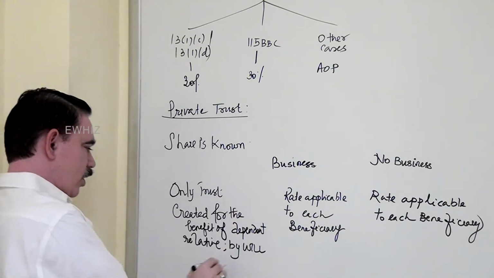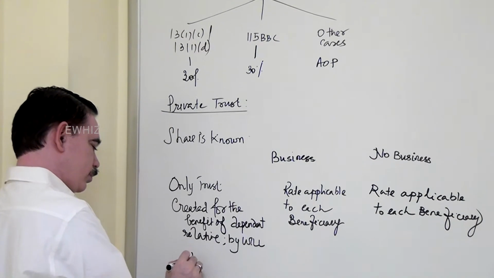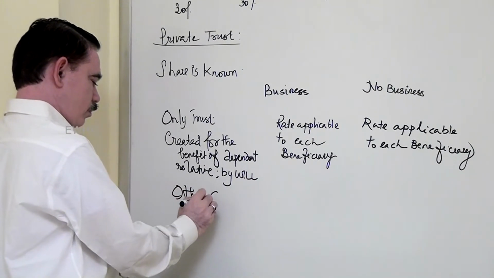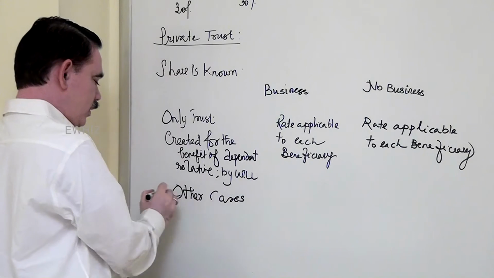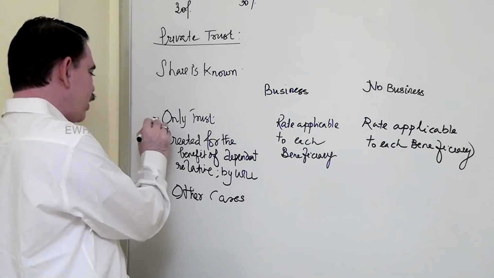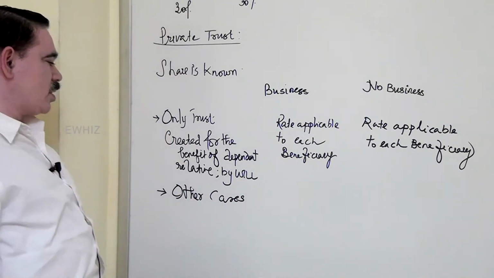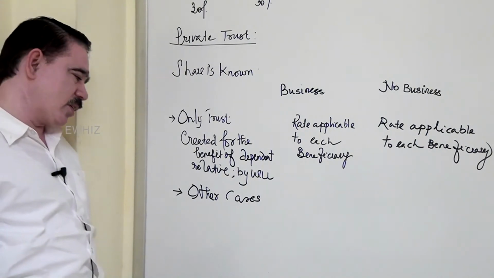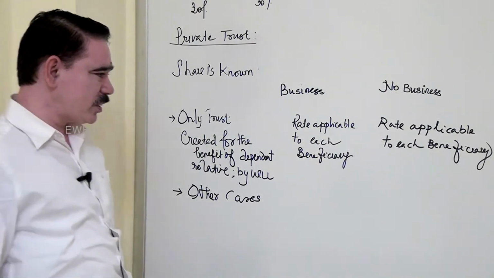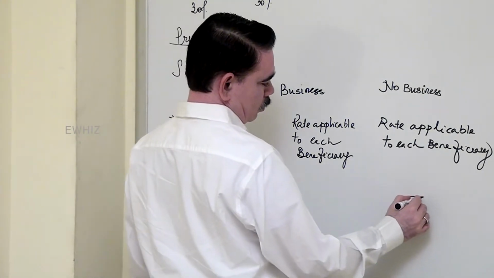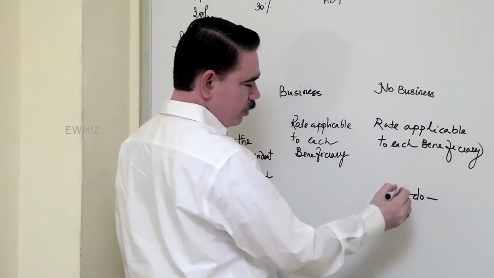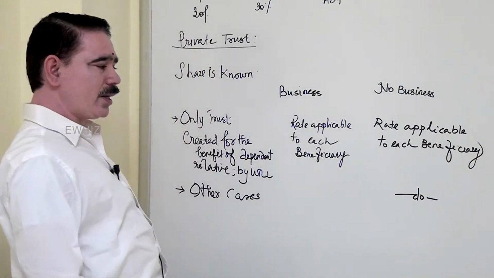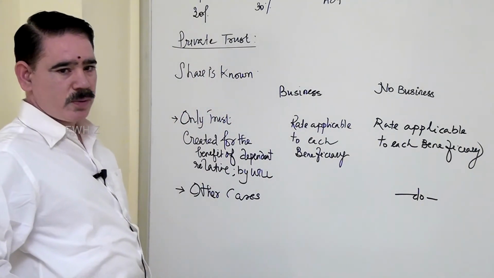If this is not the case, that means a trust is created not by will, not the only trust, not created for the benefit of the dependent relatives of the settlor. If you do not have a business, no problem, the same rate would apply.